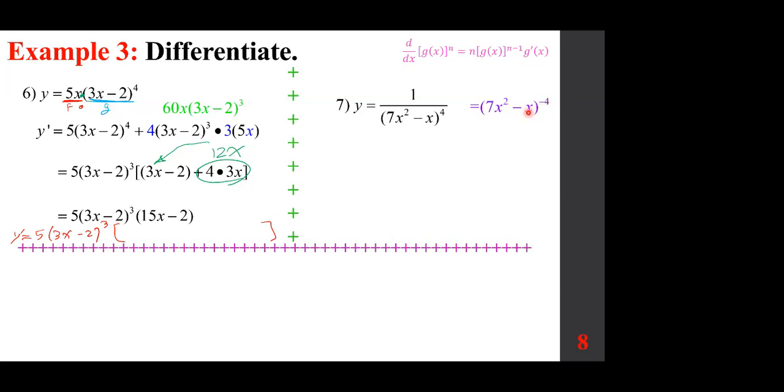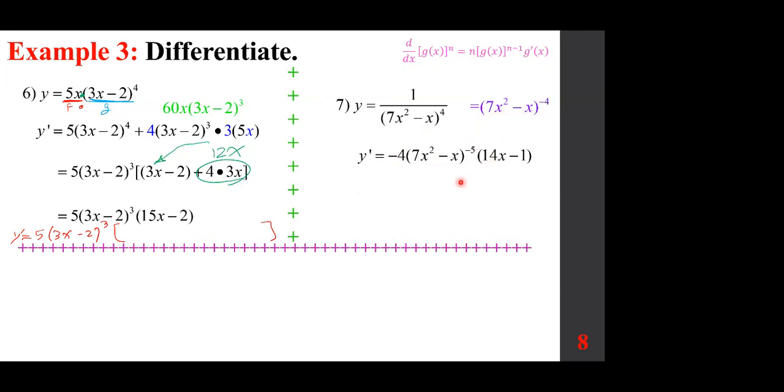G prime, the derivative of this piece, is 14x minus 1. So we have -4. We write the same function to the power of -5. So n g of x to the power of n minus 1. And g prime is the derivative of the parentheses, and we are done.